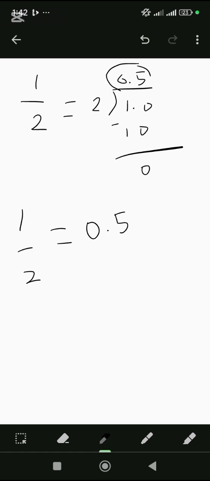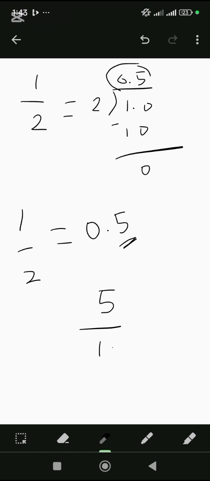Okay? And this also can be converted back to fraction. If you look at 0.5 as a decimal, the 5 here, we can say 5 over... How many decimal places here?